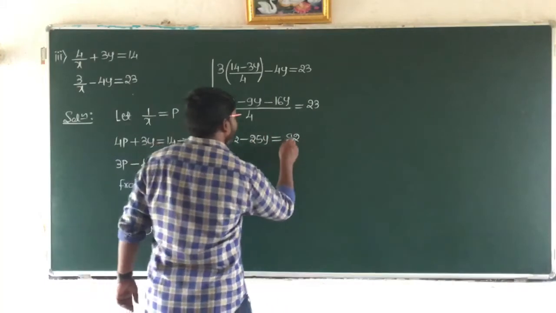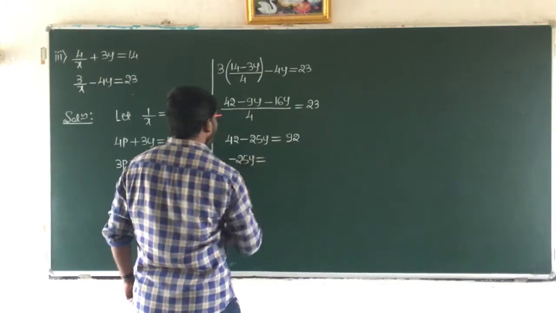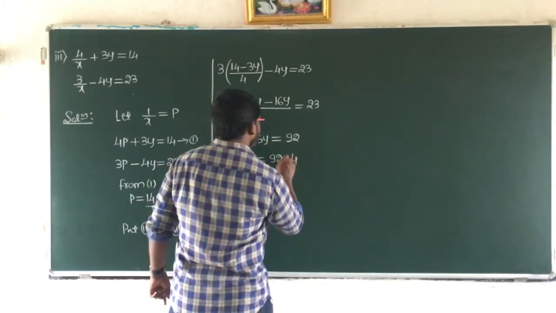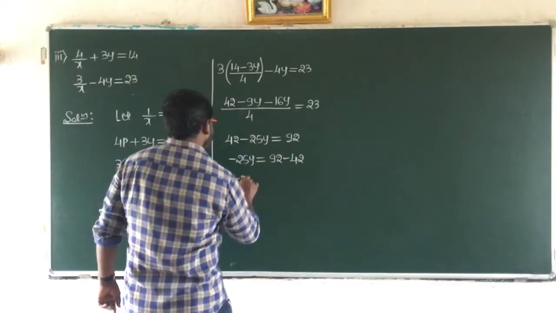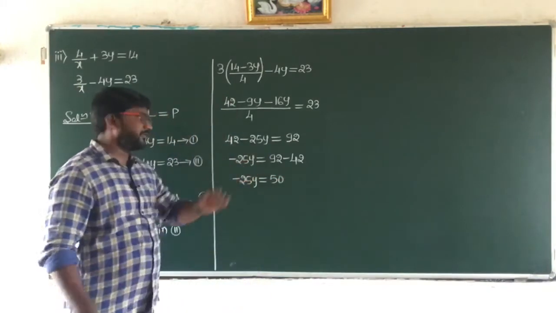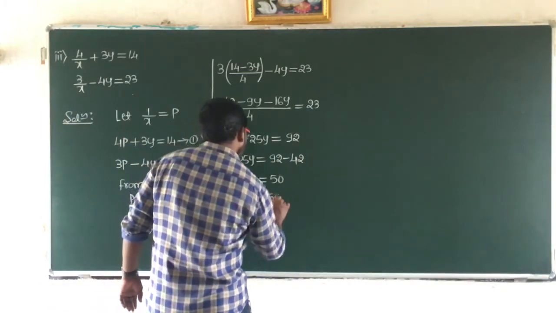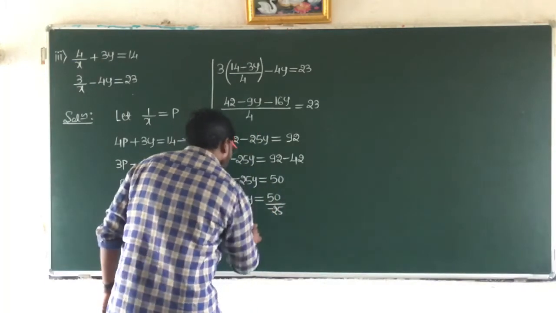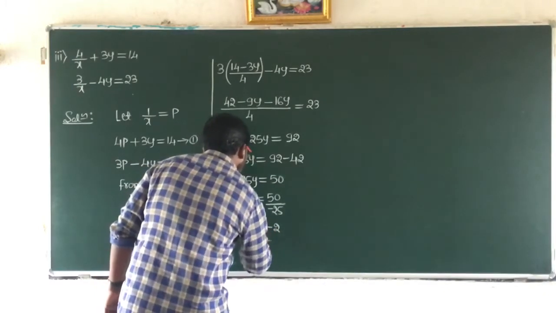So now minus 25y I write it as it is, which is equal to, take 42 to the RHS, it becomes minus 42. 92 minus 42. So minus 25y which is equal to 50. So 92 minus 42 will give us 50. So now y which is equal to 50 divided by minus 25. So 25 ones are 25, twos are 50, y will be minus 2. So we have got the value of y.